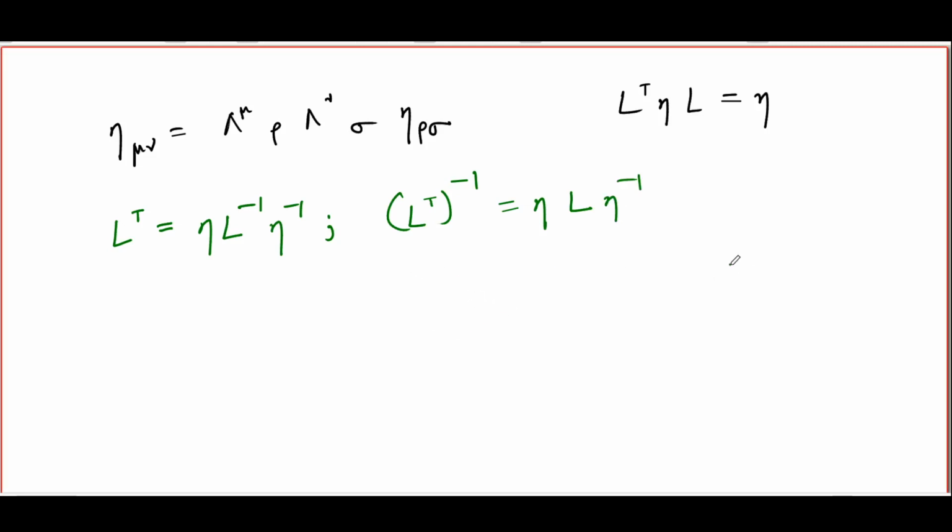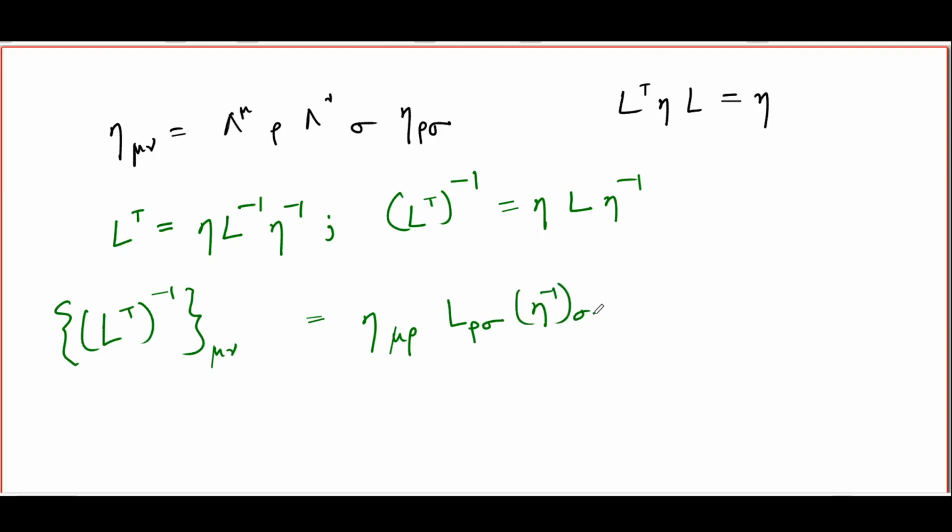To see why this is pretty useful, let us try writing this expression in terms of components. So (L^T)^{-1}'s μν-th element is going to be basically η's μρ-th element, L's ρσ-th element, and η^{-1}'s σν-th element.